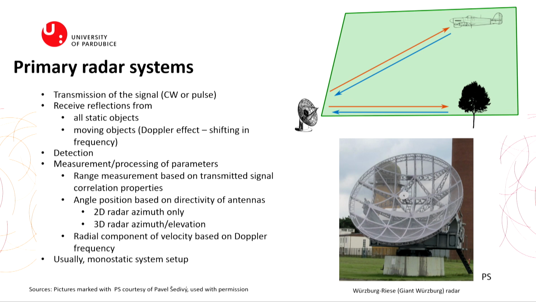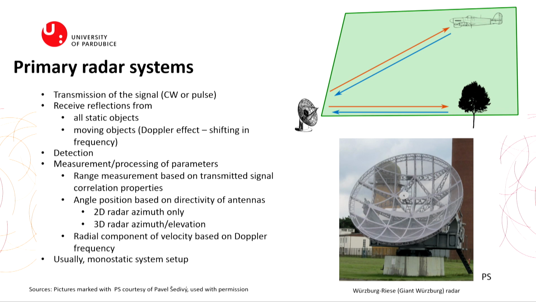If it is continuous wave, we usually call it CW radars or FMCW radars. And I just want to inform you, we will not work with CW radars. From these slides I will focus only on pulse radar systems.